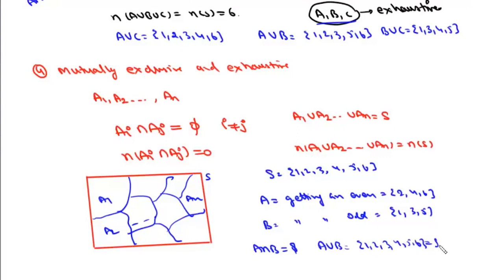It is equal to the sample space. So these two events A and B are mutually exclusive and exhaustive. If we look at A and A complement, we know that A intersection A complement is empty, they have nothing in common, and also A union A complement is equal to the sample space. So an event and its complement are mutually exclusive and exhaustive.